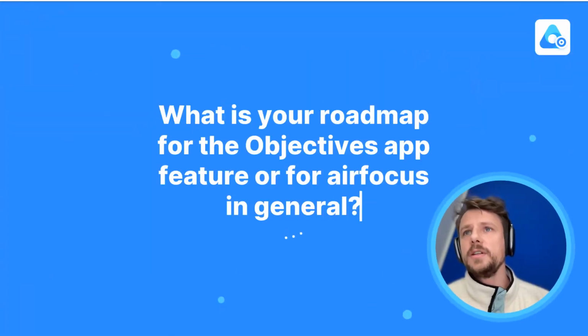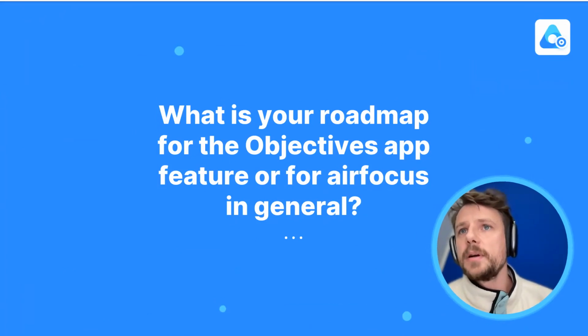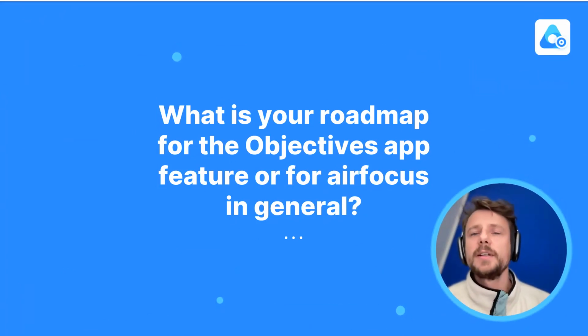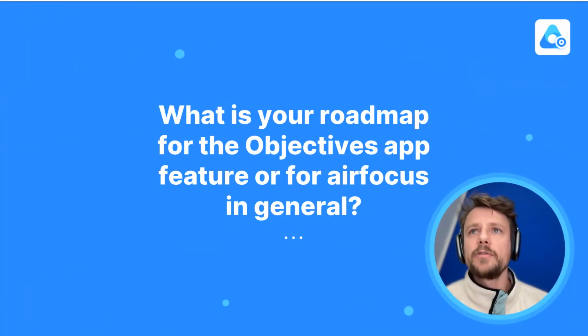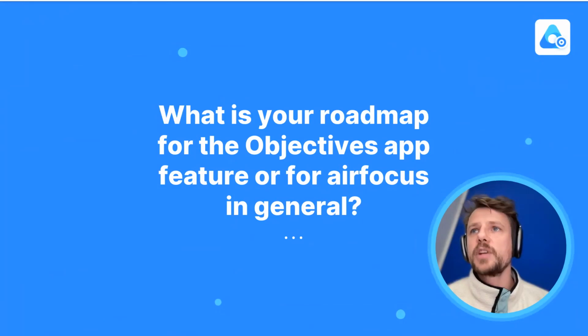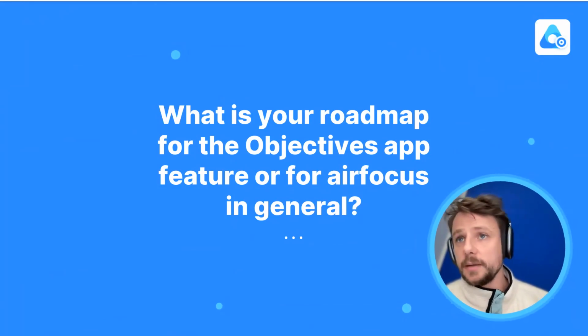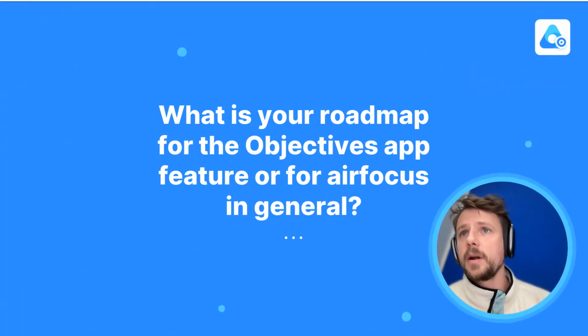Okay, there's another question. What is your roadmap for the Objectives app feature or for airfocus in general? Okay, I love this question. So we have quite a few improvements already in the pipeline around the Objectives app, such as more natively showing the key results in our views. That's maybe more of a smaller thing.